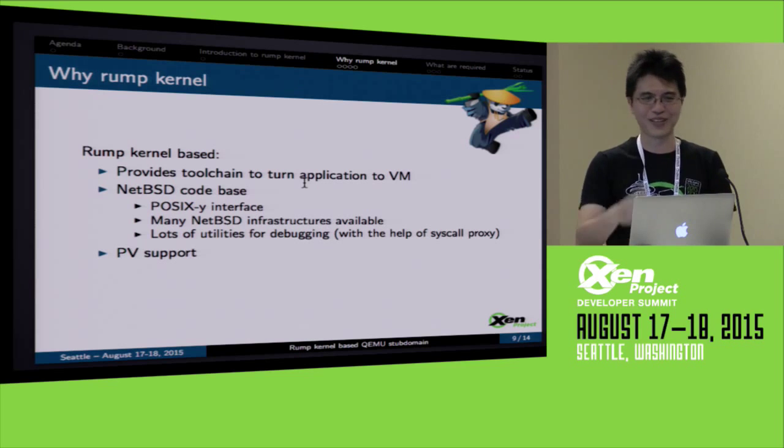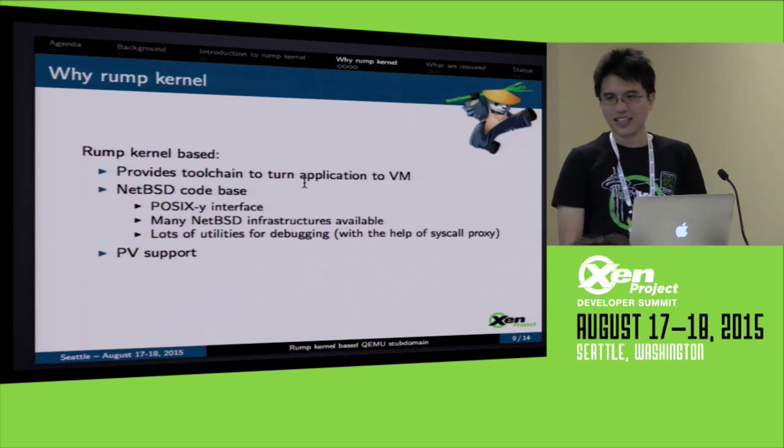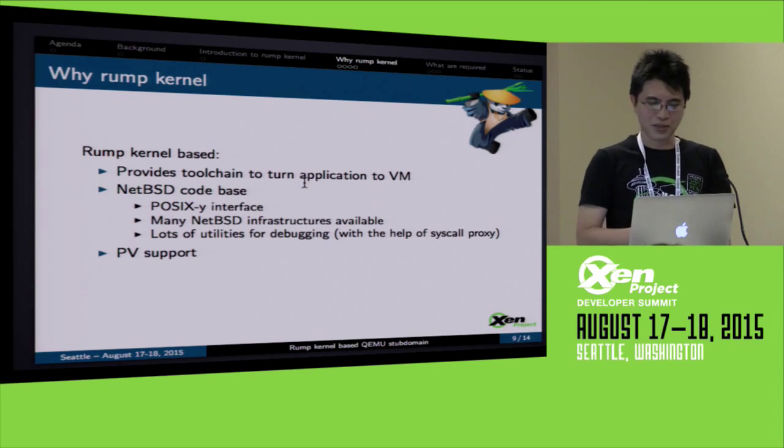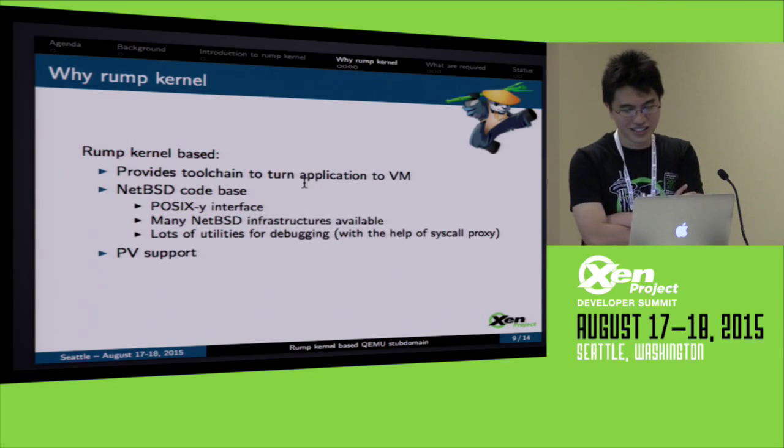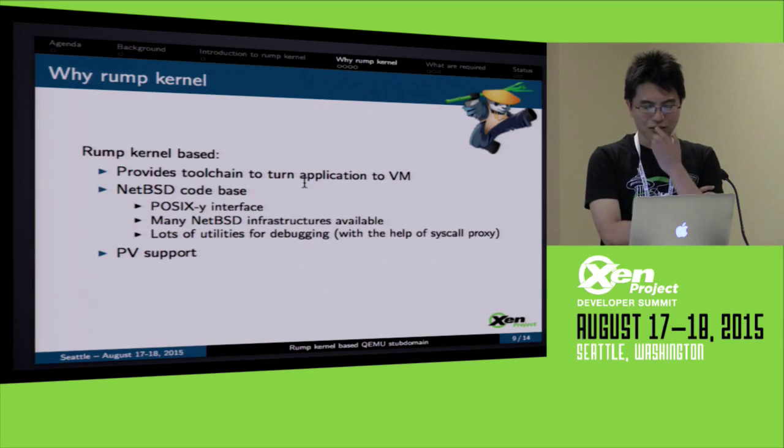Yeah, saved me lots of work. Thank you. And this Rump kernel is based on the NetBSD code base, is properly maintained, and it also makes available many NetBSD infrastructures so that I can directly use them. I don't need to write any code for it.